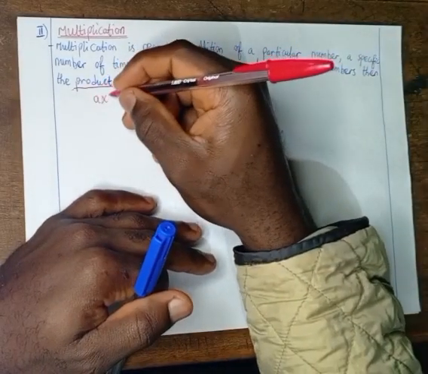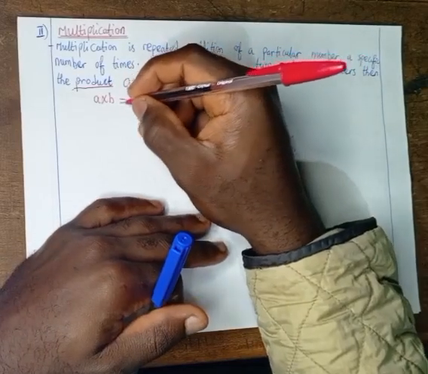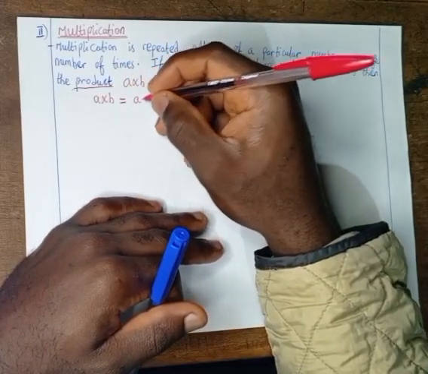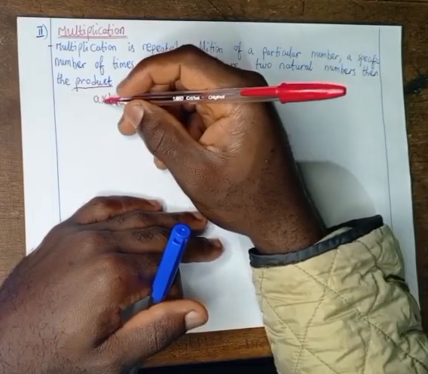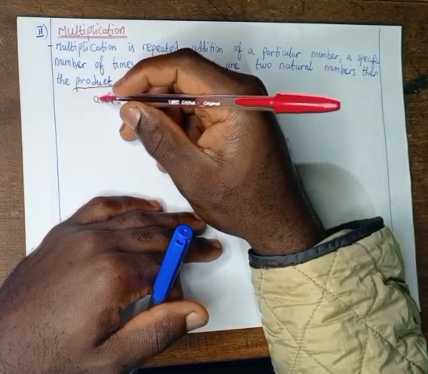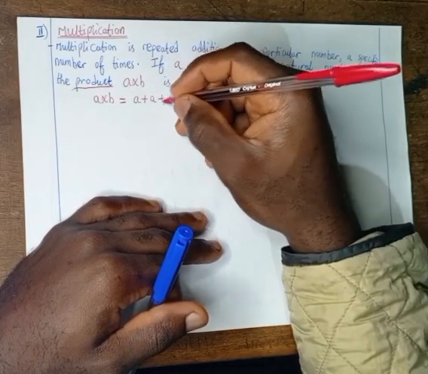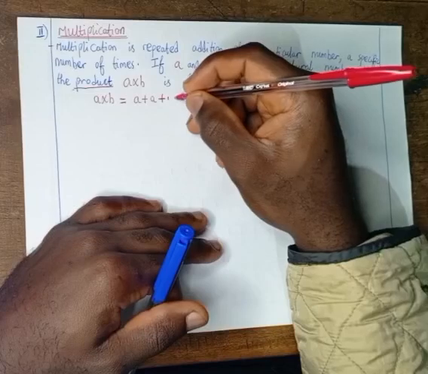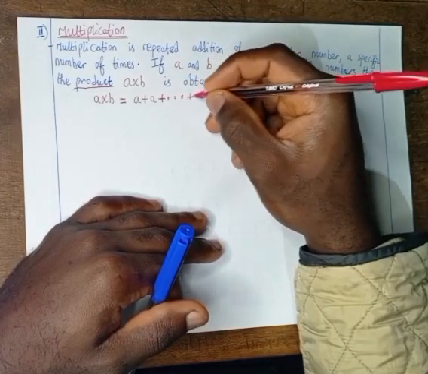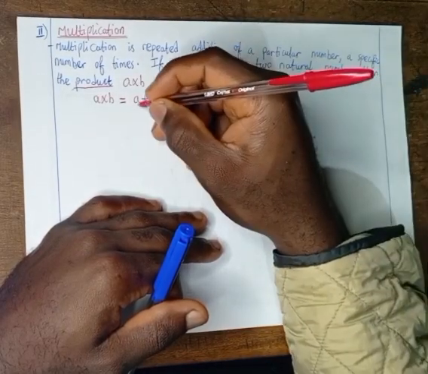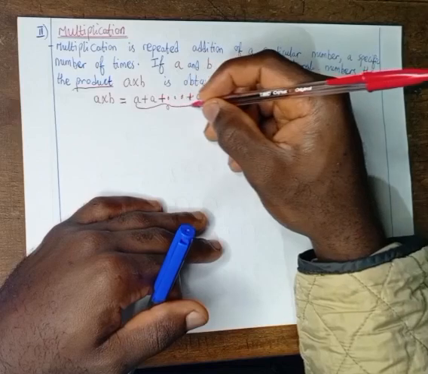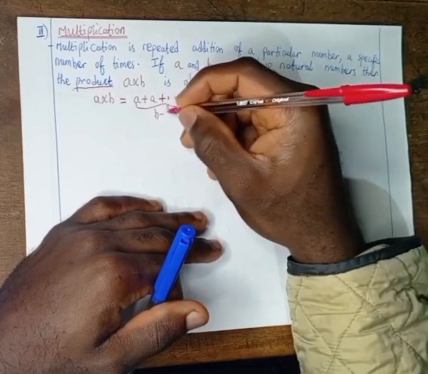Take A times B. It is simply the same as A plus A. We are going to add the number A to itself, B times: A plus 3 dots plus A. We are adding it B times.